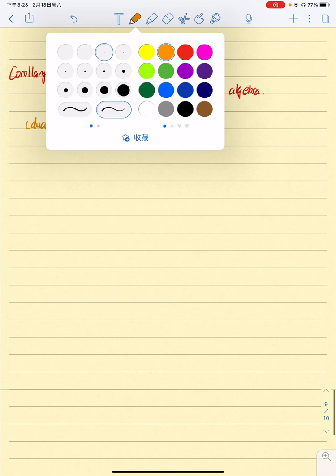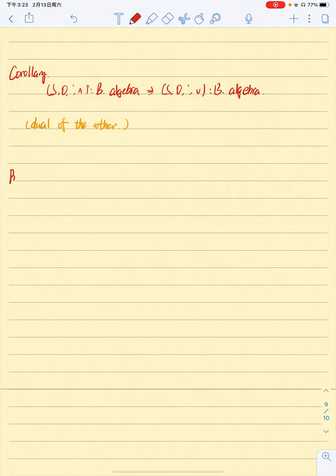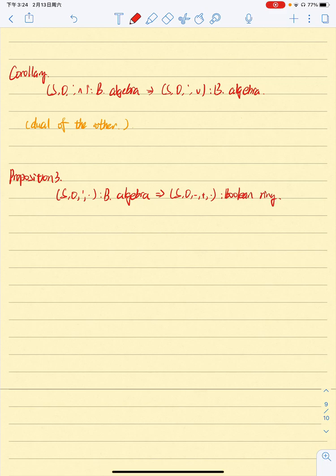Okay, then let's see the following propositions. That means S with 0, 1, prime, dot, a Boolean algebra can be turned into a Boolean ring by defining these equations.